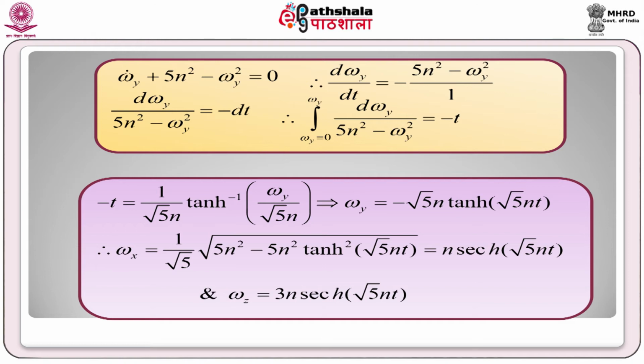Omega y dot can be written as d/dt of omega y. This can be written as minus of 5n square minus omega y square divided by 1. For integration purpose, we have put it in this form.